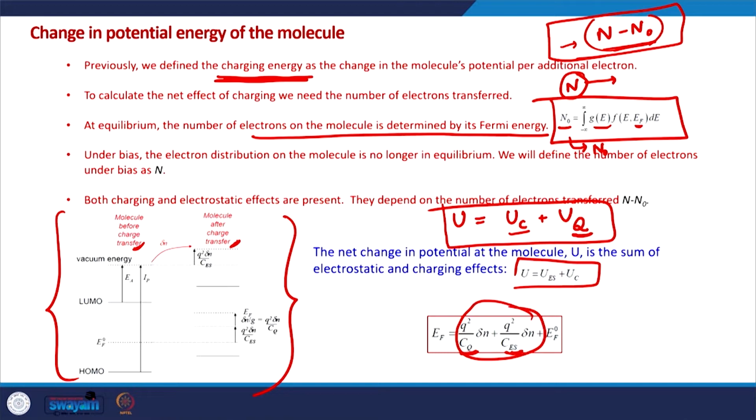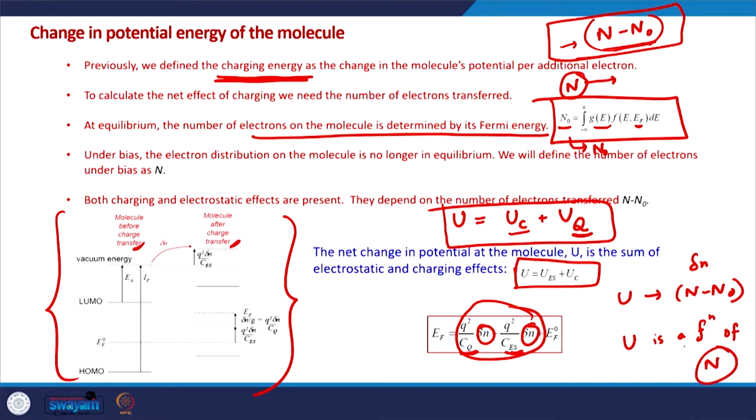And there is a key point here. This U, the change in the potential energy of the system, depends on the number of electrons transferred, because it depends on delta n, and delta n is n minus n naught. So U is a function of n here.